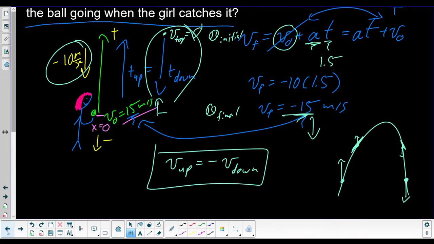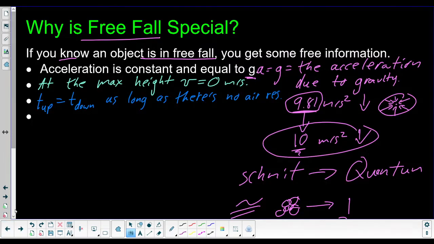Okay, so let's go write that down. V up equals negative V down. And we might want to elaborate a little on what this equation means.